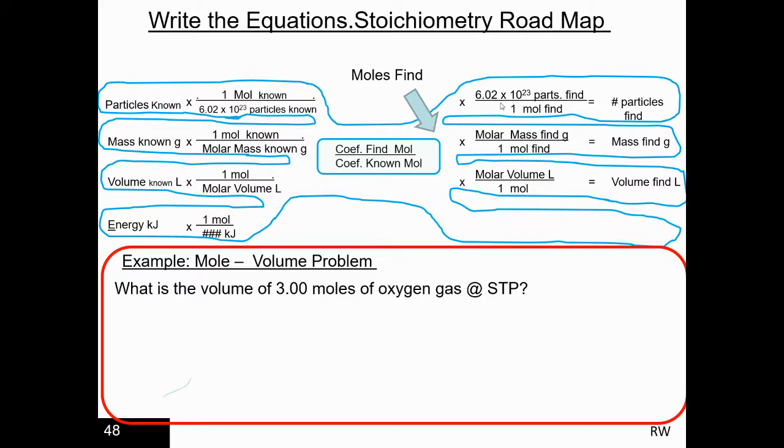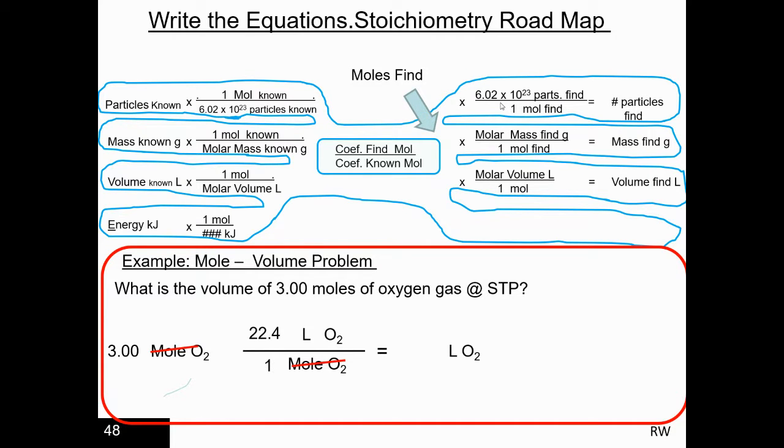All right, so an actual problem would be this. What is the volume of 3 moles of oxygen gas at STP? Here you're looking for the liters of oxygen, and your starting data point is 3 moles. So your conversion factor would have liters up top and moles down the bottom of oxygen. And the answer to that is 22.4. There are 22.4 liters in 1 mole of oxygen.